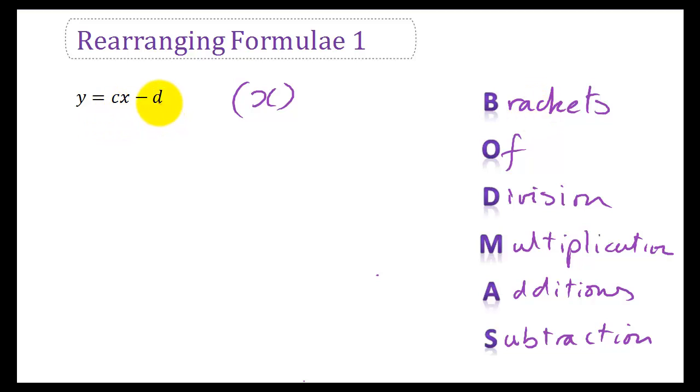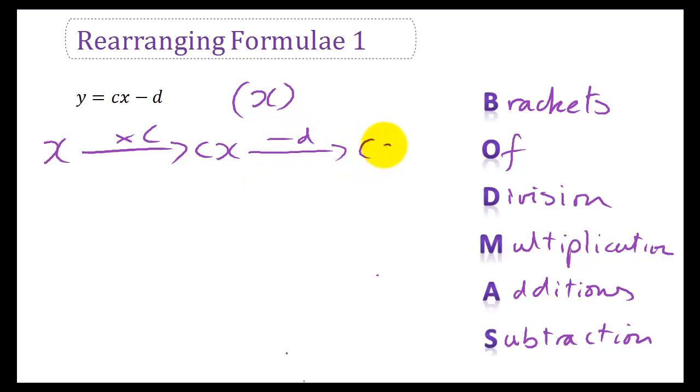First of all, I'm going to show you a simple method called the flowchart method. We start off with the thing we're going to make the subject, and we say what operations we do to it at the moment. On this side, we times by c, and we get cx, and then we subtract d, and we get cx minus d, and we know that equals y.